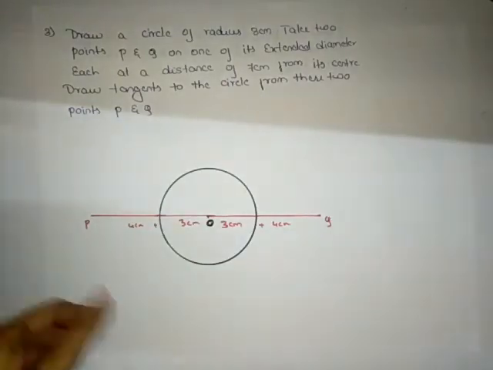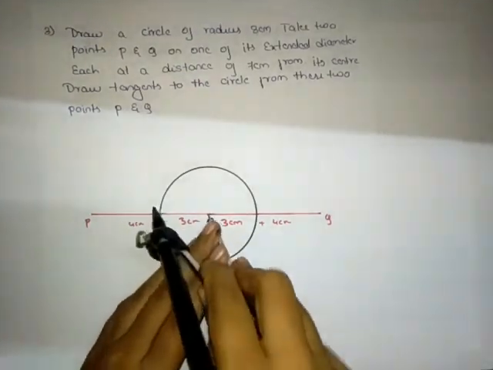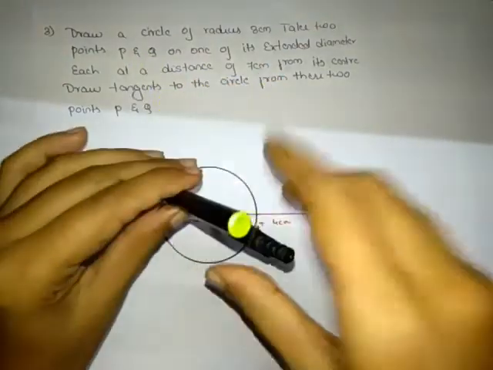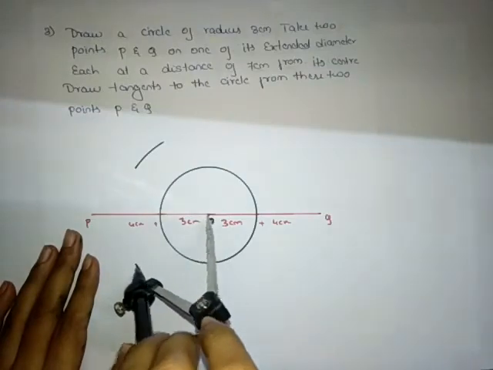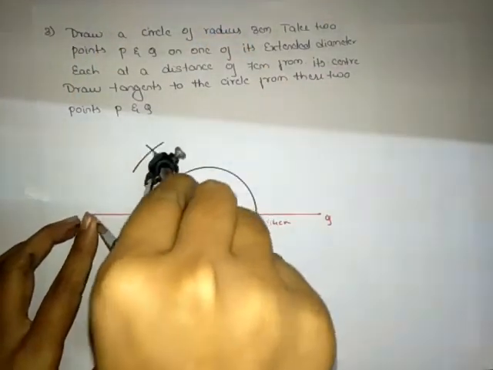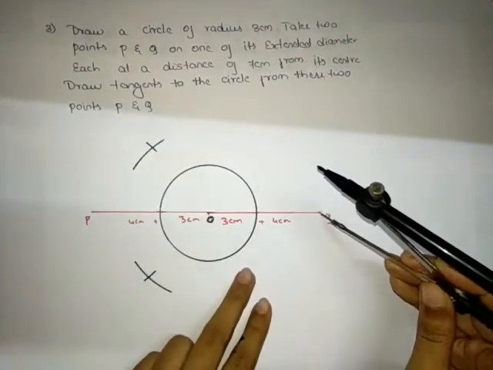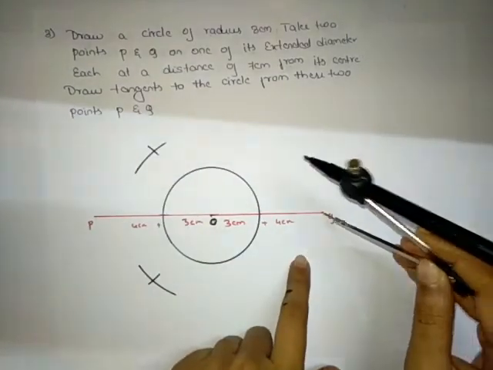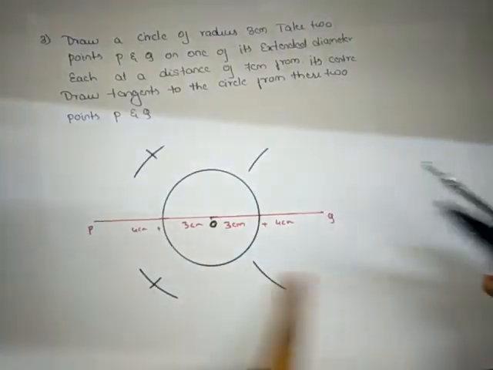Now we'll take the midpoint of the line segment PO by taking more than half of its length. And here also. Then again taking more than half of this line segment OQ, we'll take an arc again, because we need to draw the tangent from these 2 points, right?